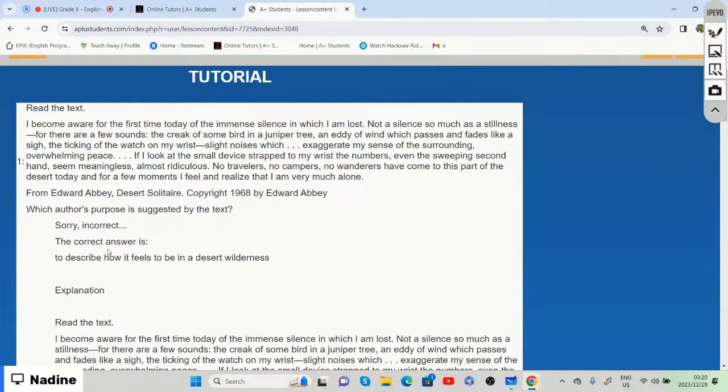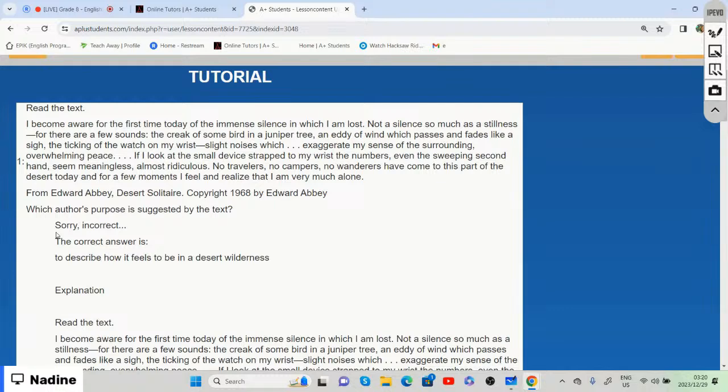It's like he's describing everything, even the sound of the watch on his wrist, the noises that he can hear, right? So it is to describe, he's basically describing how it feels to be in a desert wilderness.